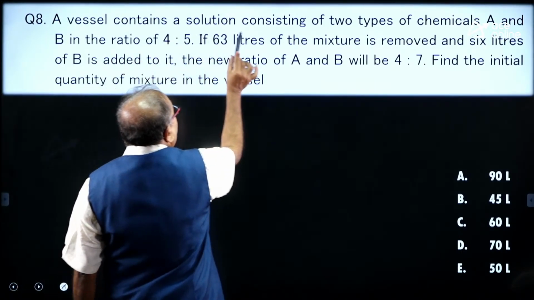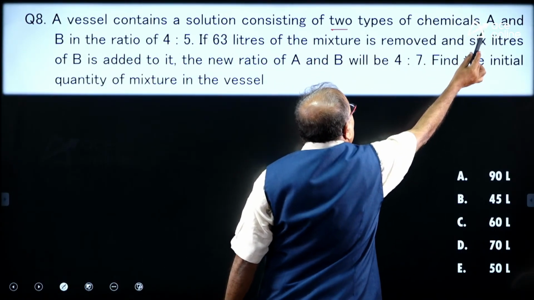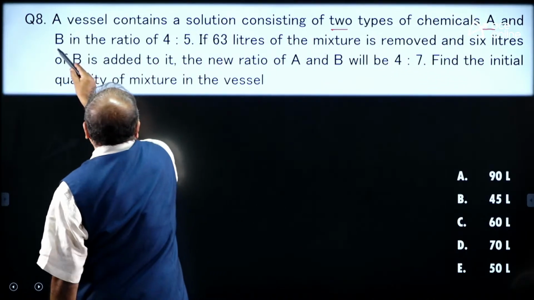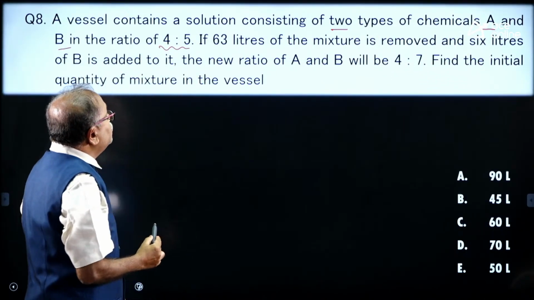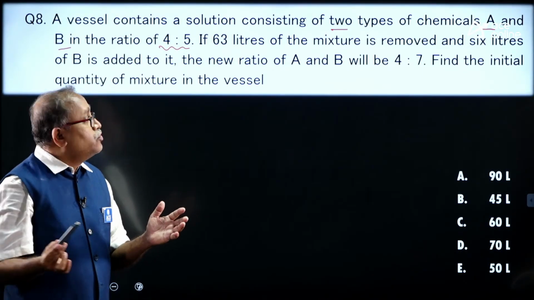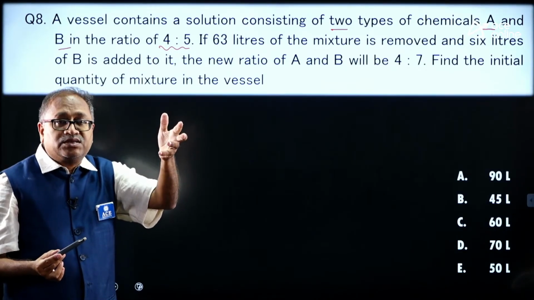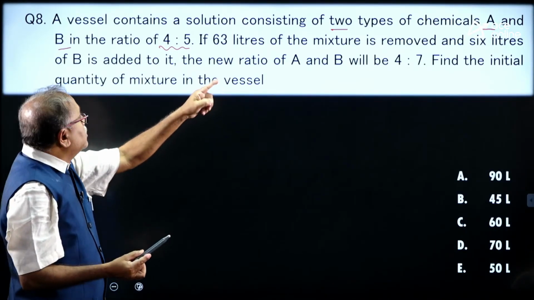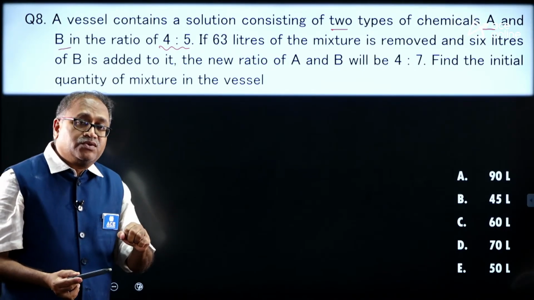A vessel contains a solution consisting of 2 types of chemical A and B in the ratio of 4:5. How much chemical is there? I do not know, but in that there are 2 types of chemical. How much mixture is there? I do not know, but I know the chemical A and chemical B in that mixture is in the ratio of 4:5.